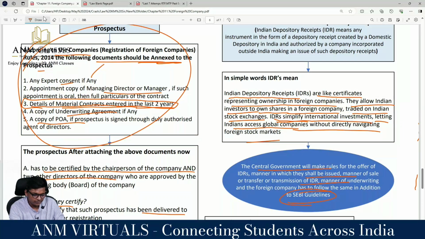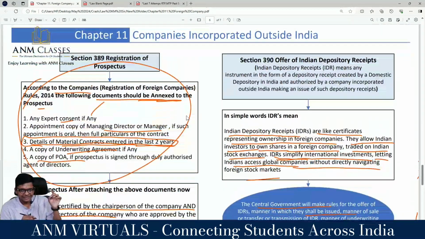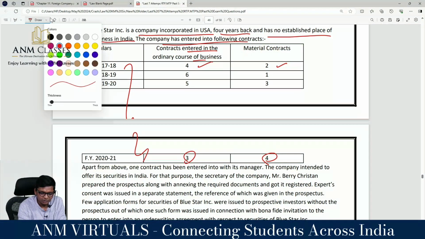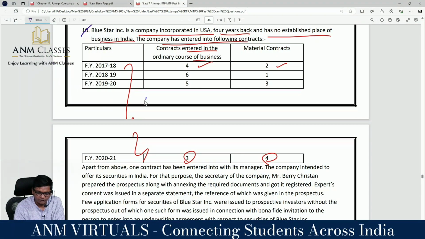Section 389, point number 3. Registration of prospectus should contain some attachments. In that, the last 2 years' material contracts. So without reading the question, what could be the last 2 years' material contracts? 19, 20, and in this 3 and this 4.